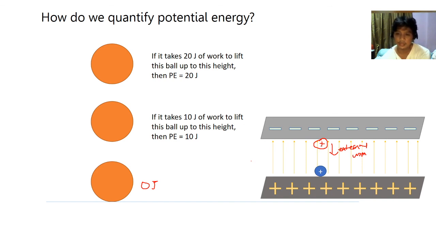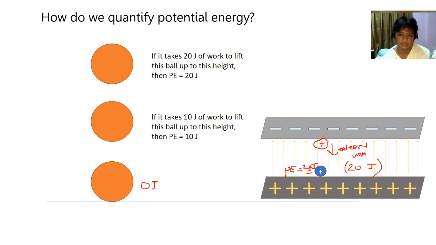So I had to do some external work to lower this charge so that it goes to the positive plate. And if I spent 20 joules to do that, then this guy now has 20 joules of potential energy.